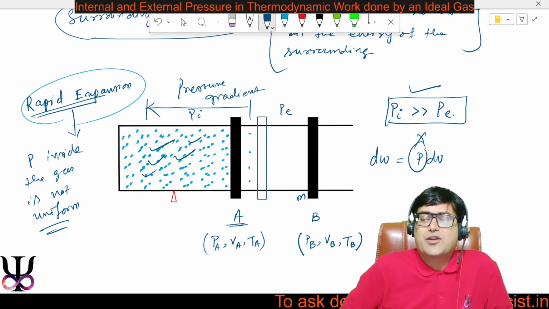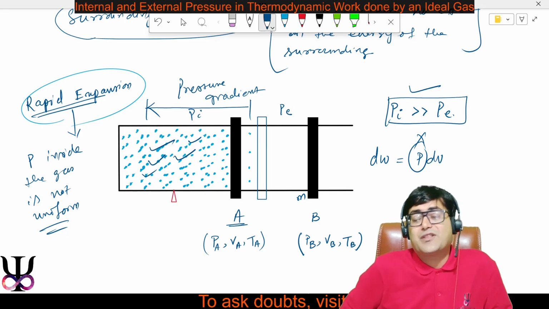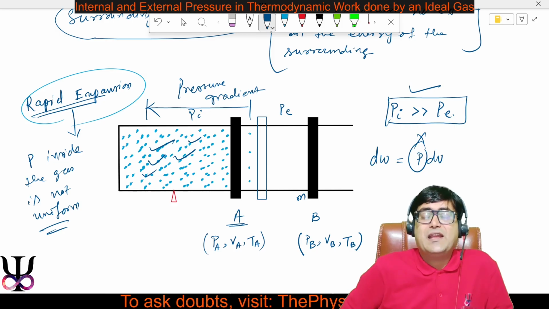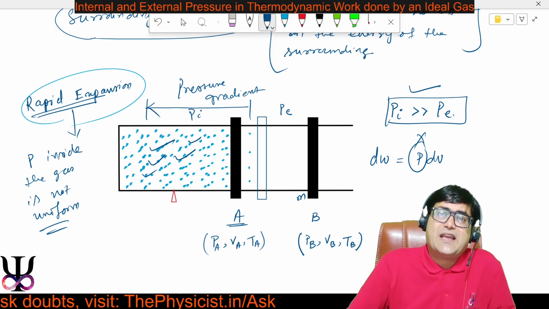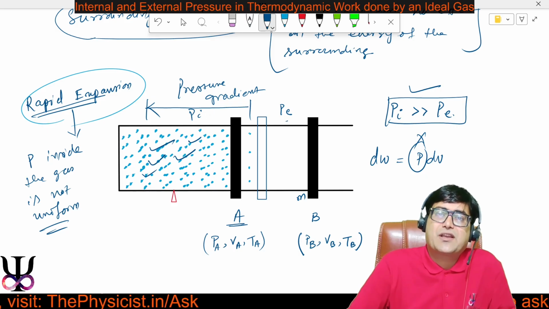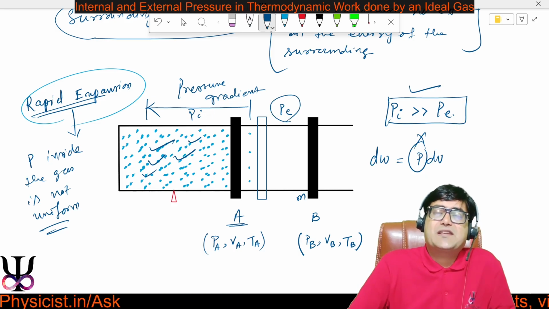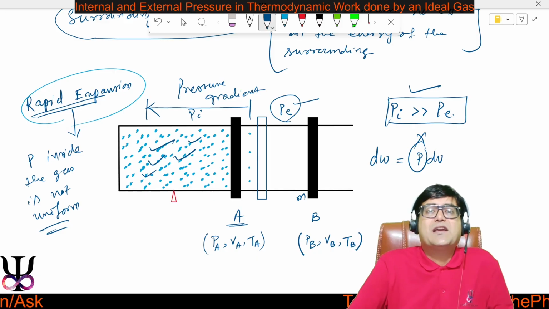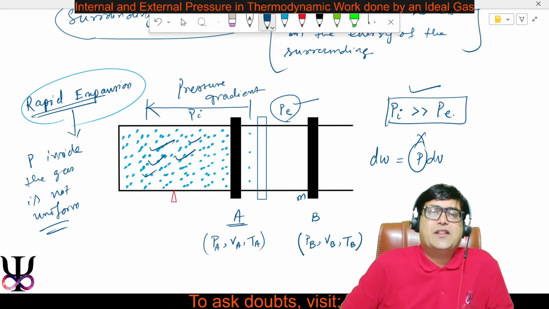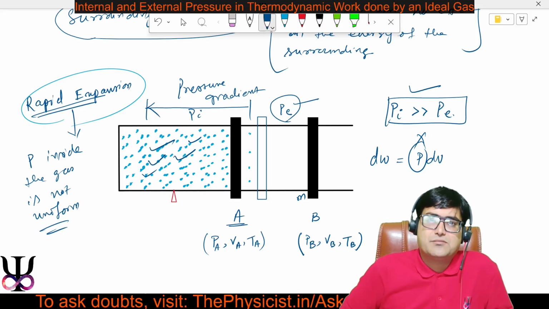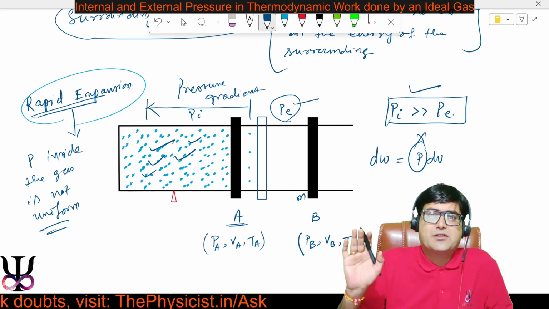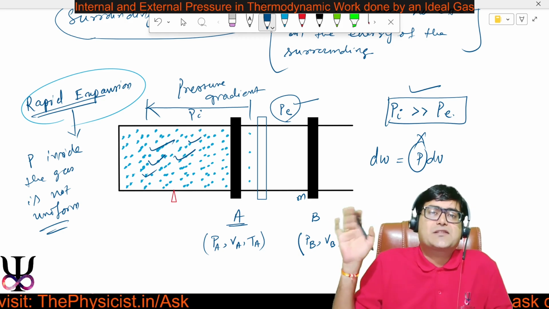So how do you calculate the work done? Now, for that, understand, if it's a rapid expansion, even if it's given that the external pressure stays constant while the internal pressure changes, you can't use the external pressure either.